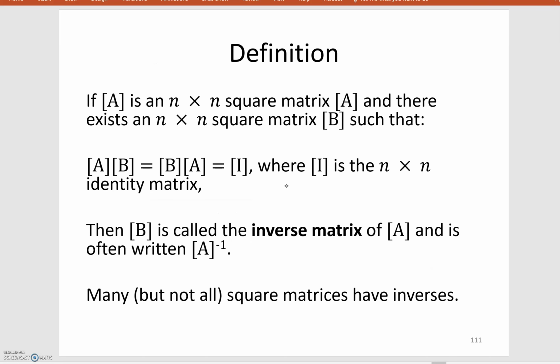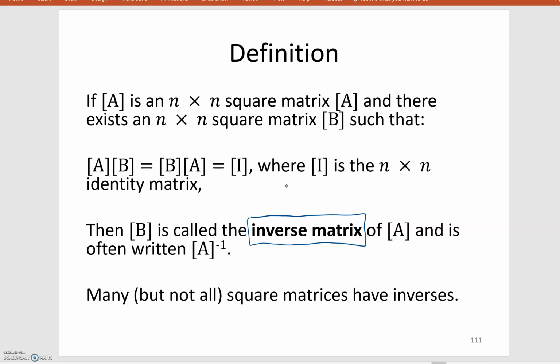Okay, so continuing along with our definitions, before we wade into all this, let me just get to what it is that we are defining. We want to define something called the inverse matrix.